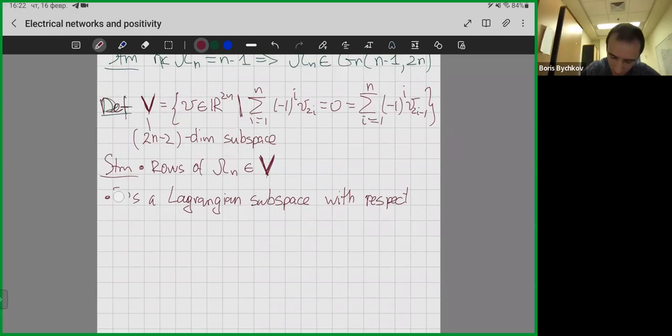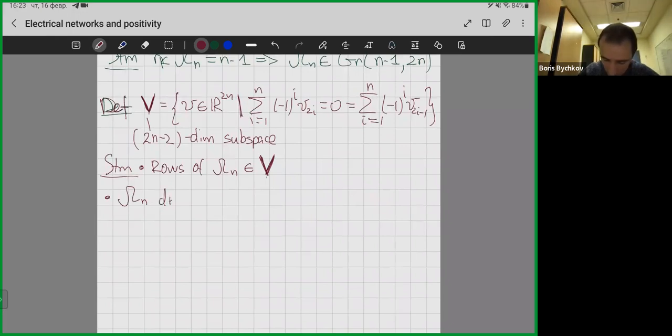Давайте я так и напишу: омега n defines a point in Lagrangian Grassmannian n-1 to n-2 with respect to the following form.